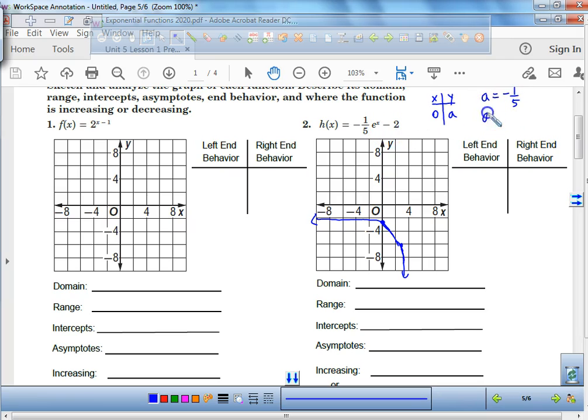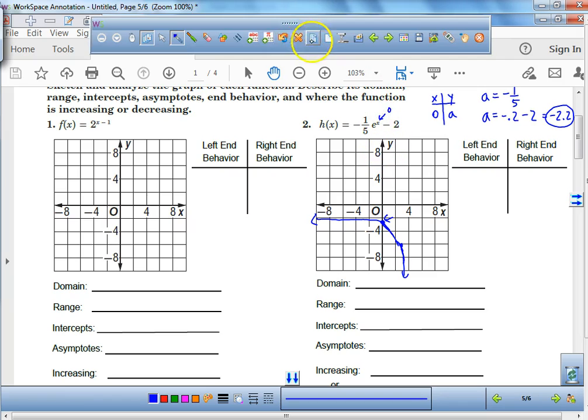However, a is actually equal to negative 1 over 5, which is a negative what? 0.2. But what has happened to the graph? It's been shifted down 2 units. So if I take away 2 more, what does that give us? That gives us our negative 2.2. Does everyone understand how I got the negative 2.2? I could do that in my head if I make that a 0.